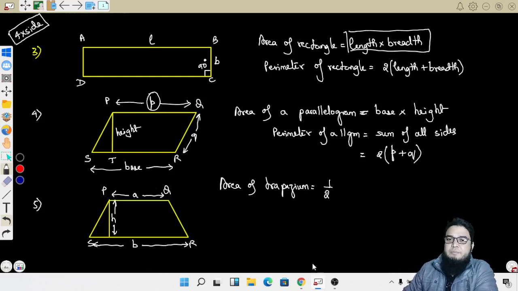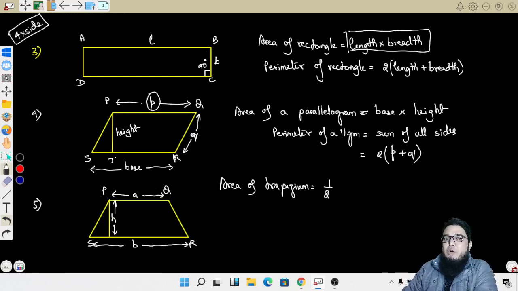Got it clear? Length means lambai. If you're talking about breadth, breadth means the width, so the width has to be perpendicular.